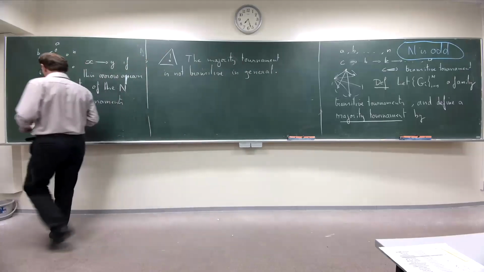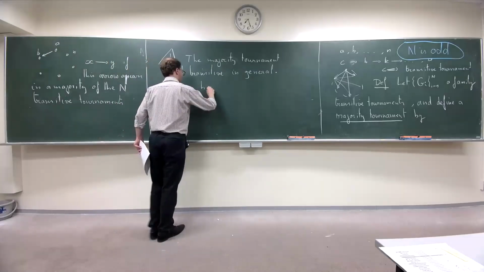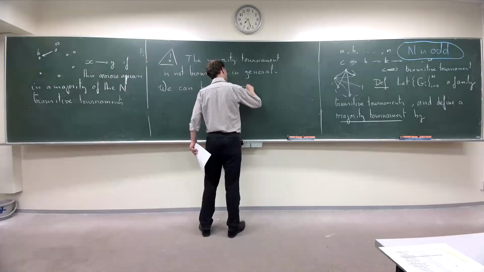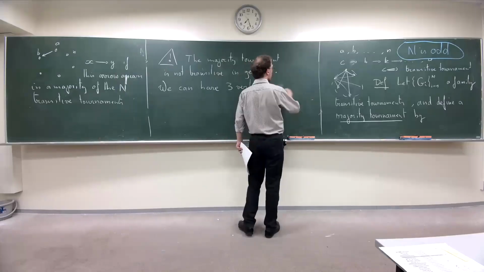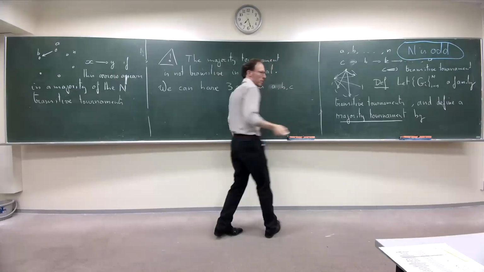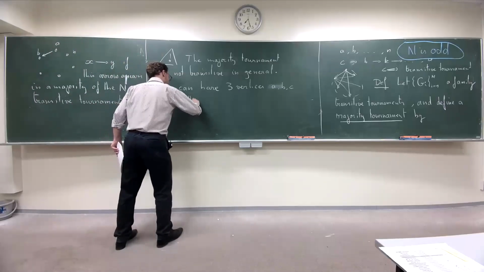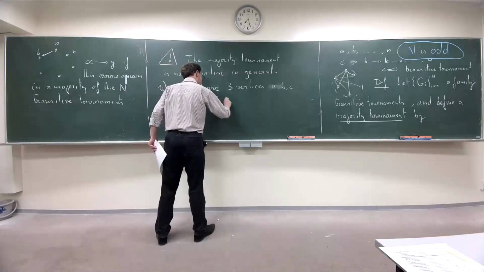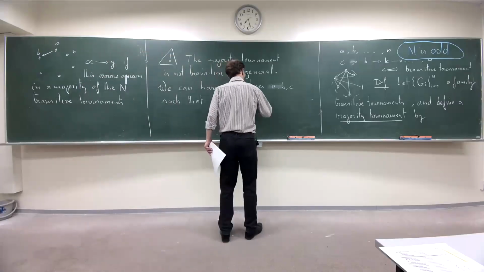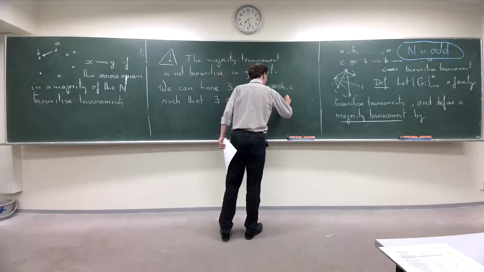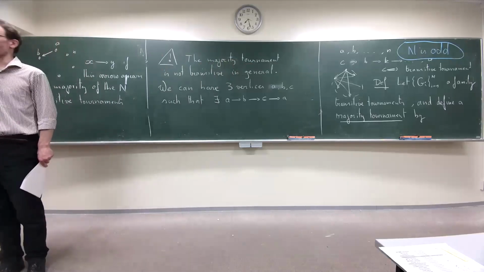So what can happen, and what is the paradox? We can have three vertices, I will call them A, B, C, but of course they can be different, I just choose three of them, so that there exists A bigger than B, so that we have an arrow in this direction, B bigger than C, but we can also have C bigger than A. There is no contradiction when you do this averaging process with a majority.